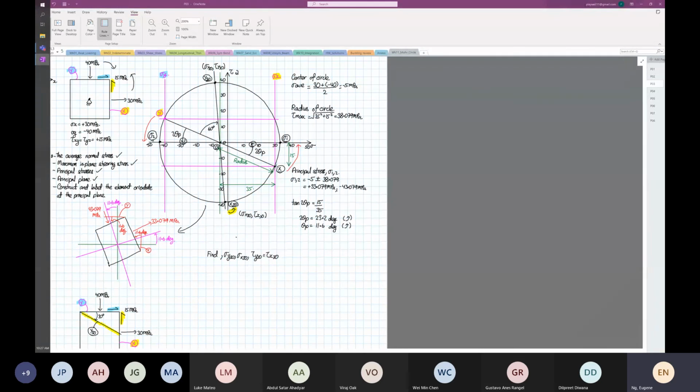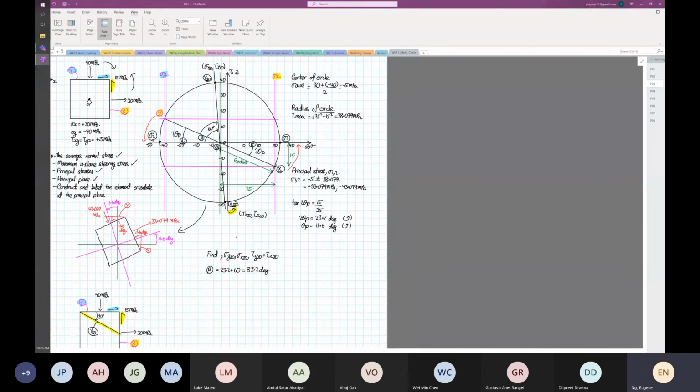So the angle we have to calculate now is this angle over here. I'm going to call it our beta angle. The beta angle is equal to the principal plane 23.2 plus 60, so this is equal to 83.2 degrees.